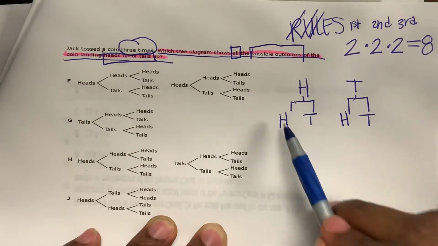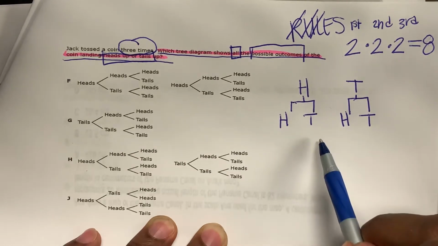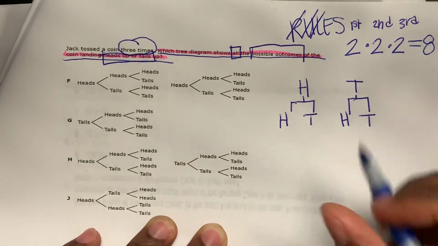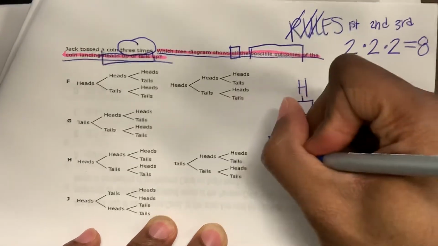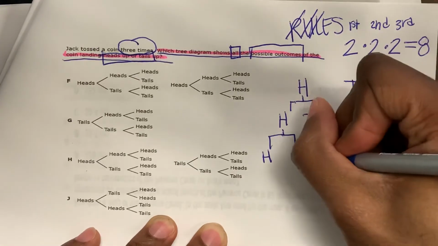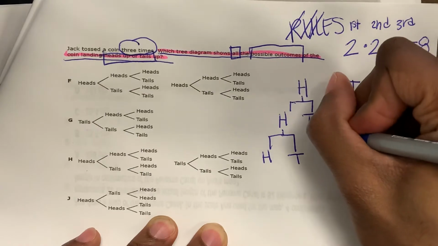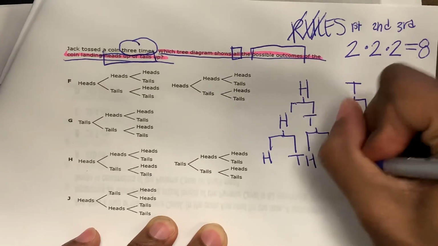The second time, I can get heads again. If I flip a coin, I get heads, I can get tails the second time. So this is the first trial. This is the second trial. Now let's go to our third trial. Once again, we can get either heads or we can get tails. For this one here, we can get heads or we can get tails.